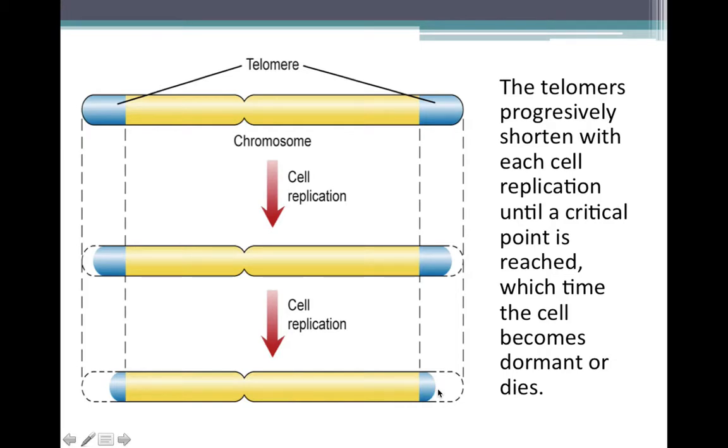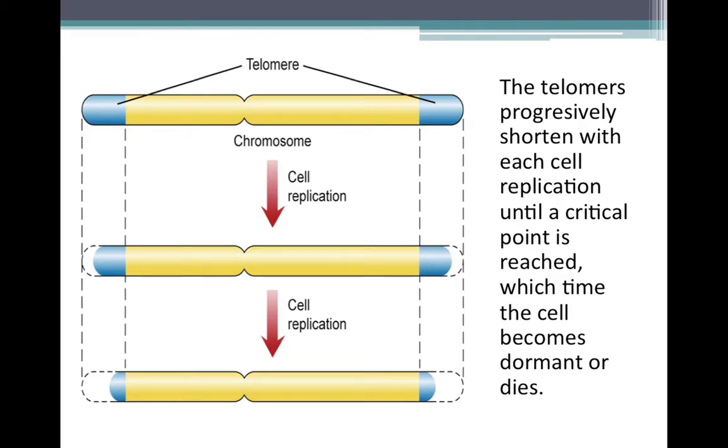Eventually the telomeres become shorter and shorter. And once these telomeres totally disappear, the next time the cell divides, you're now dipping into the parts of the chromosome that have your genes. So you start to see gene damage as a consequence of too many cell divisions. And this can lead to cell death.